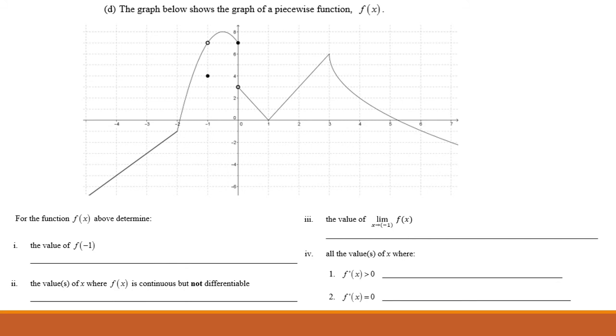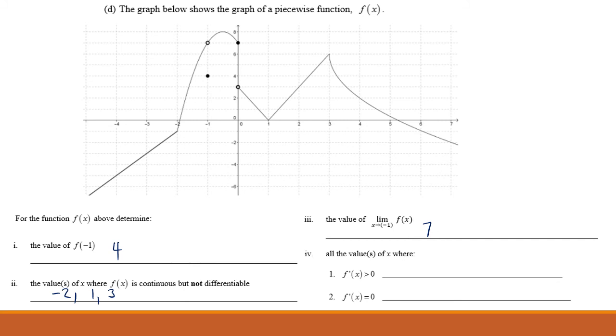So the value at x is -1, that's going to be 4. That's the solid dot. Where it's continuous but not differentiable, that is the sharp corners at -2, at 1, and at 3. The limit as x goes to -1, remember it's got to approach from both sides, so it's going to be 7.